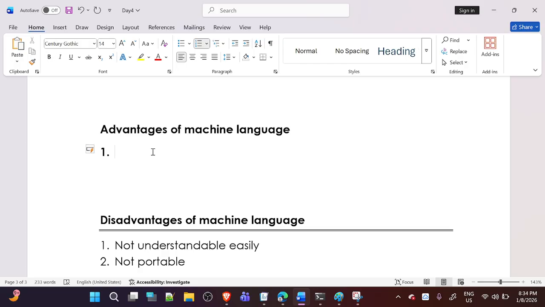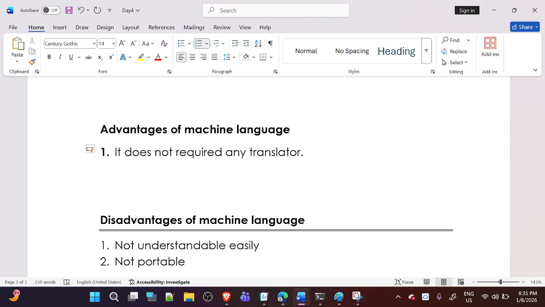Secure? No, that is not an advantage. The advantage is we don't need any translator. It does not require any translator, because the computer can directly understand it.